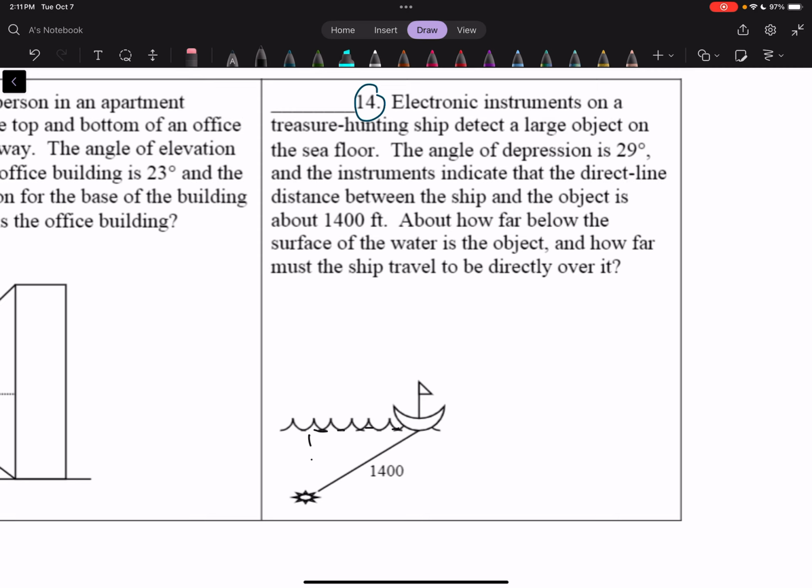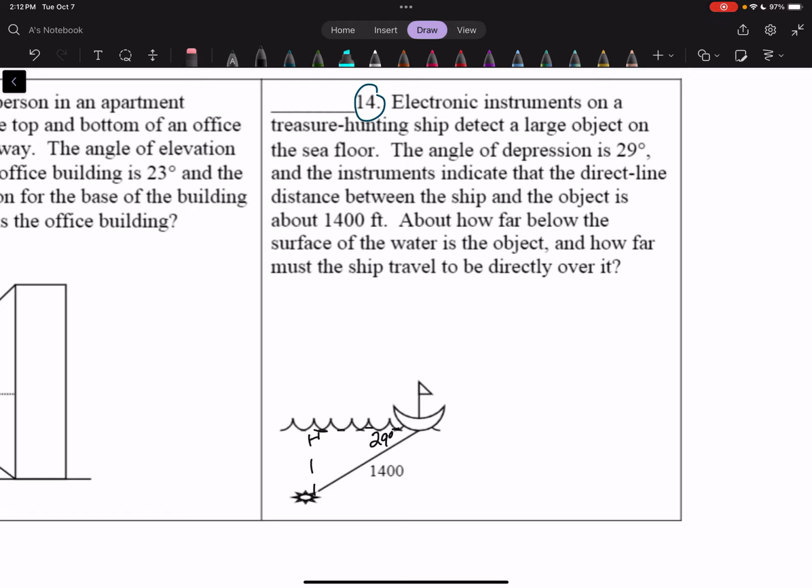So I have this right triangle. The angle of depression is 29 degrees. A direct line distance between the ship and the object is about 1,400 feet. About how far below the surface of the water is the object, and how far must the ship travel?